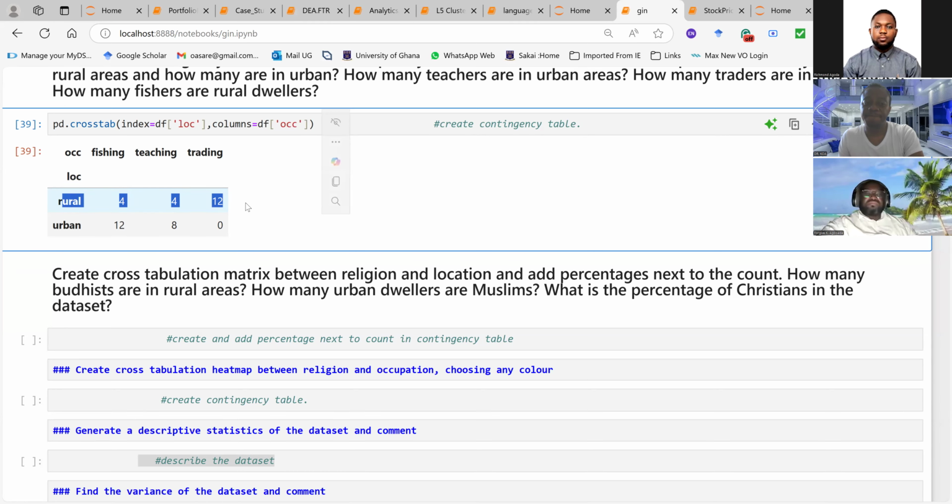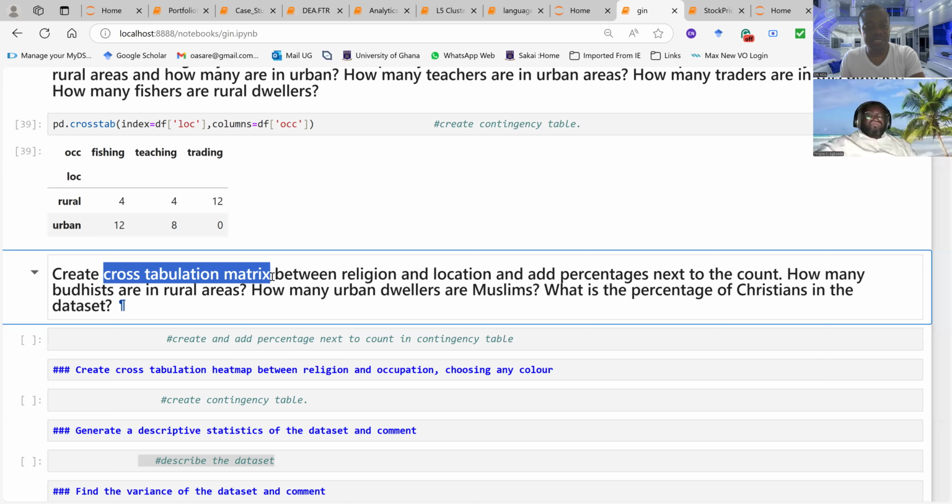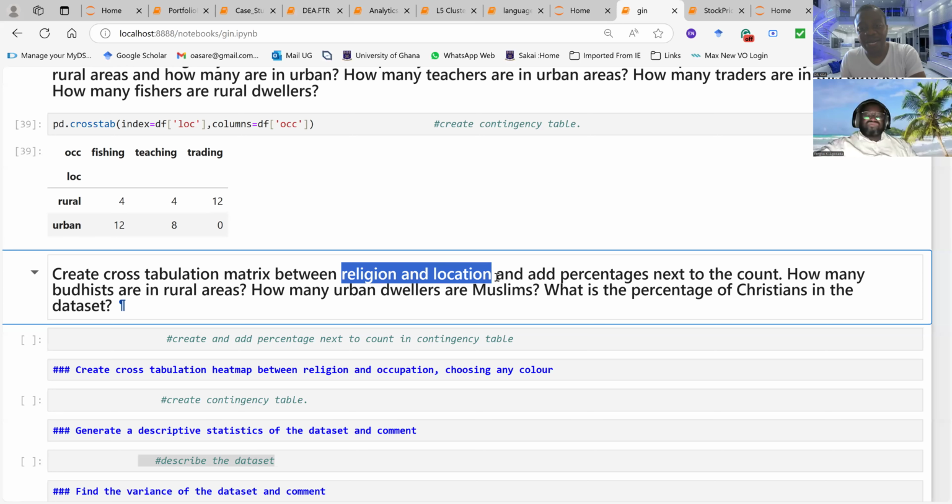All right. The next thing is the cross tabulation matrix, which is the same as a contingency table. But this time you are doing it between religion and location. And then it says add percentages. So when the things are many, you don't want the actual values.